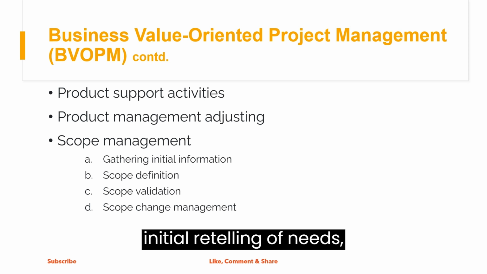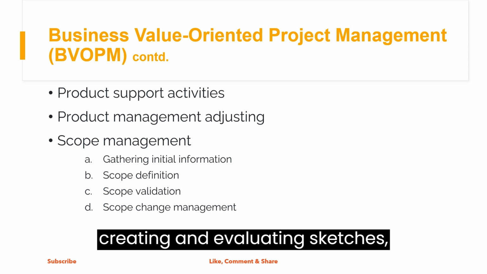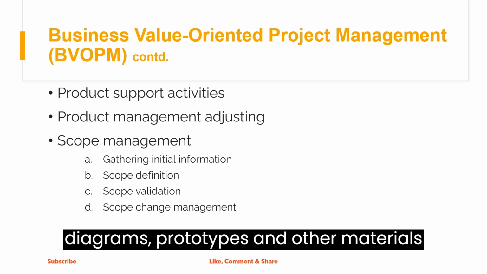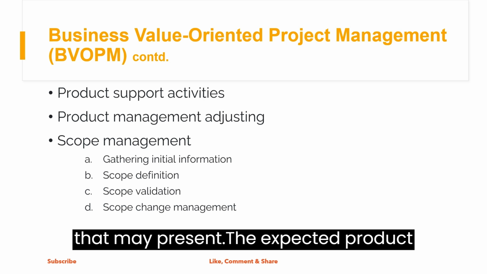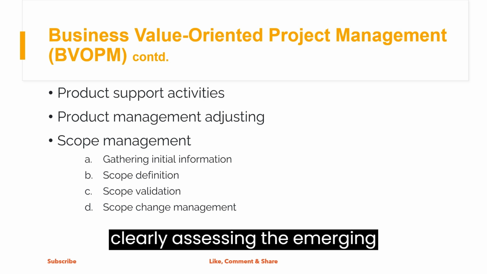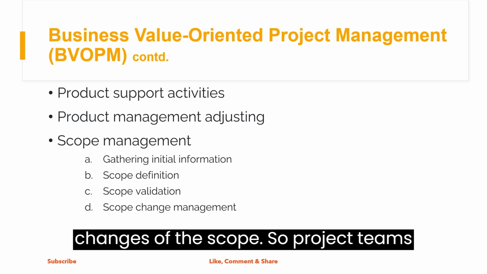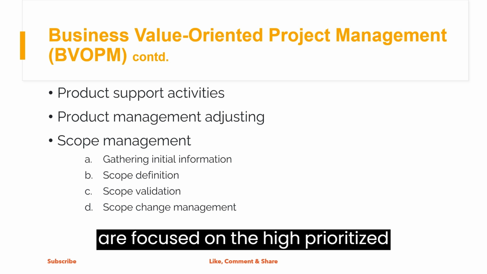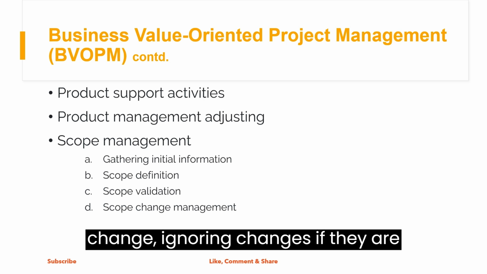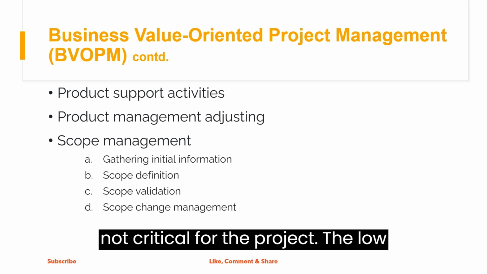Initial detailing of needs, creating and evaluating sketches, diagrams, prototypes, and other materials that may present the expected product clearly. Assessing the emerging changes of the scope so project teams are focused on the high prioritized changes, ignoring changes if they are not critical for the project.